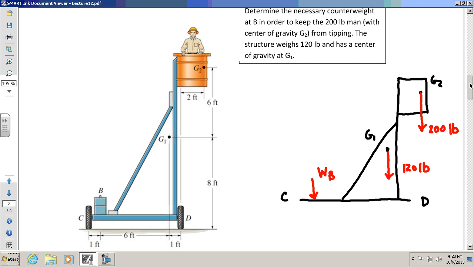For every downs, you have to have ups, and for every lefts, you have to have rights. Okay? And so we have a balance. If you have three forces down, you got to have at least something coming up, at least one. Okay, in this case, holding it up, got some kind of normal force on the tire, FC, and some kind of normal force on the tire, FD. Basically the ground holding up the structure at the tires. Okay?